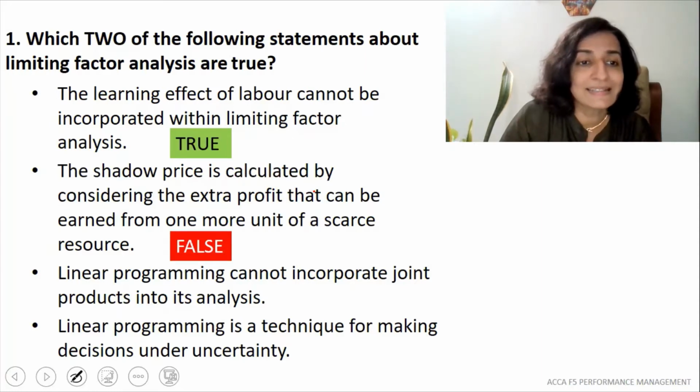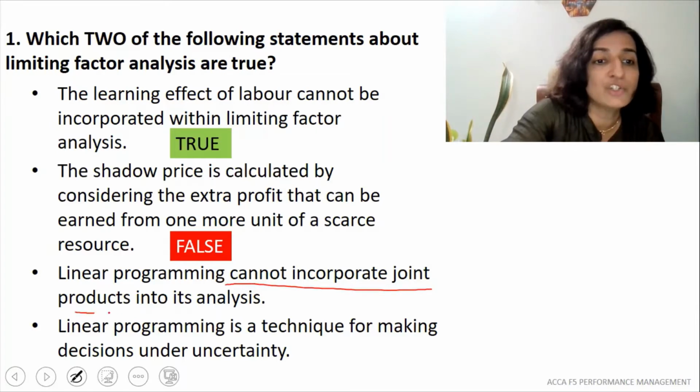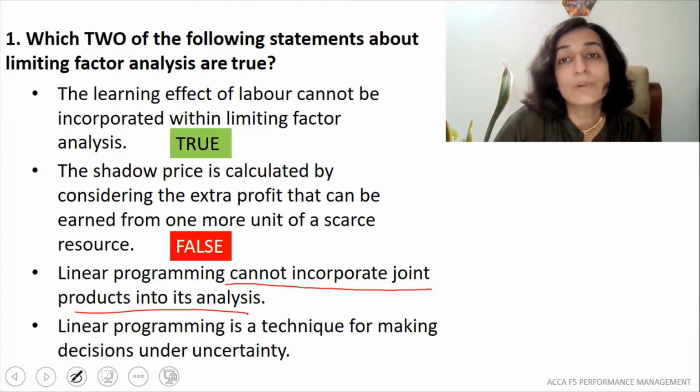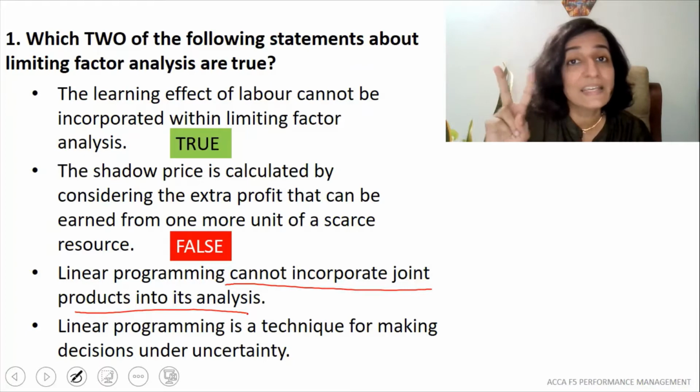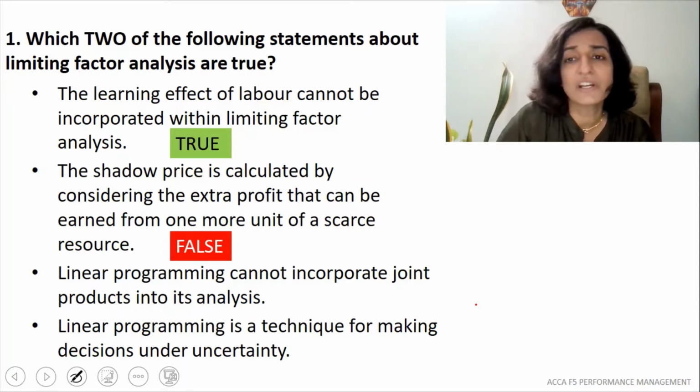Now, coming to the third statement, linear programming cannot incorporate joint products into its analysis. What do you mean by linear programming? Linear programming is where we are trying to find out the optimum product mix in case of 2 products and when multiple limiting factors exist. So how do we solve such kind of problems?